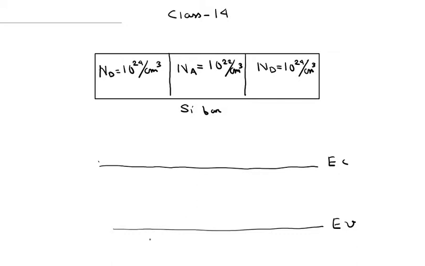Now what is different between these three regions is basically the doping concentration. This is doped with donor type impurities, so its Fermi energy is somewhere close to the conduction band. So let us say that the Fermi energy is somewhere here.